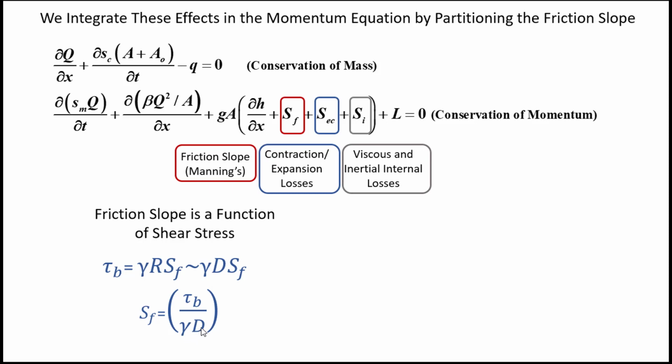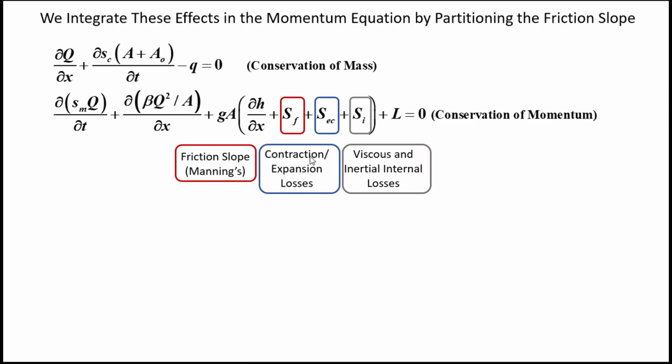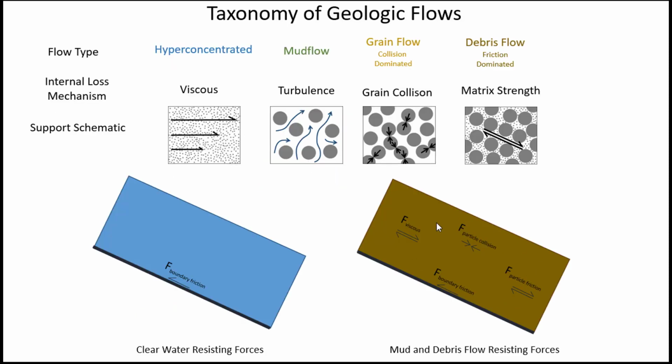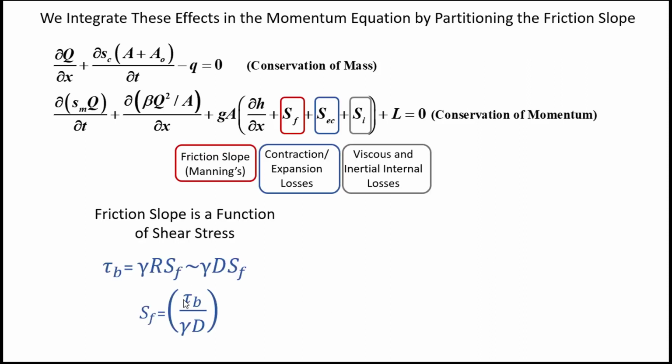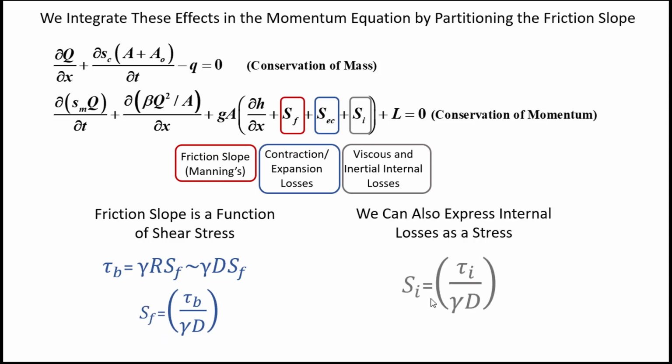Well, that's interesting. If we can take all of these processes and put them in terms of a stress, then we can back out a friction slope. Well, how are we going to do that?